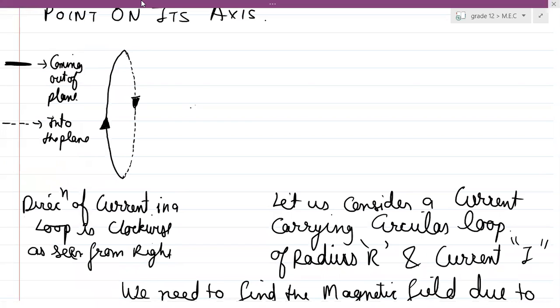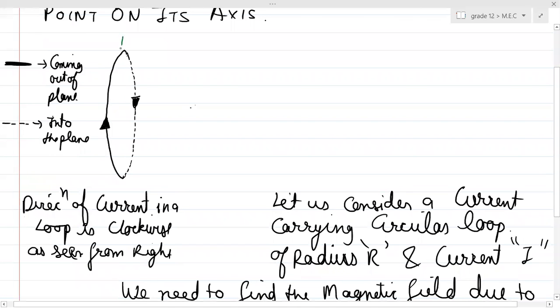So basically, I choose a three-dimensional coordinate like this. One axis, another axis, and can you see this, guys? This is the center, and I have chosen a coordinate axis like this, x, y, z. Can you understand how exactly the loop lies?